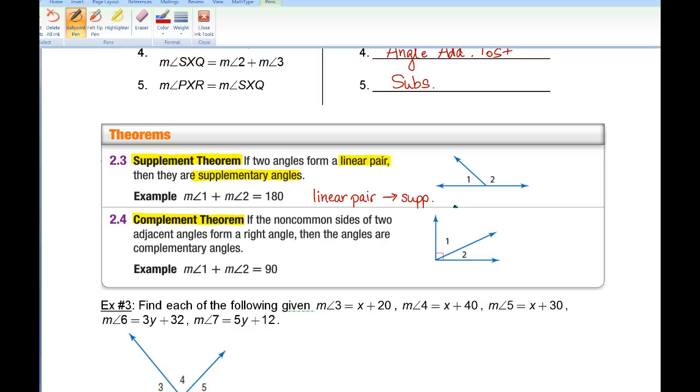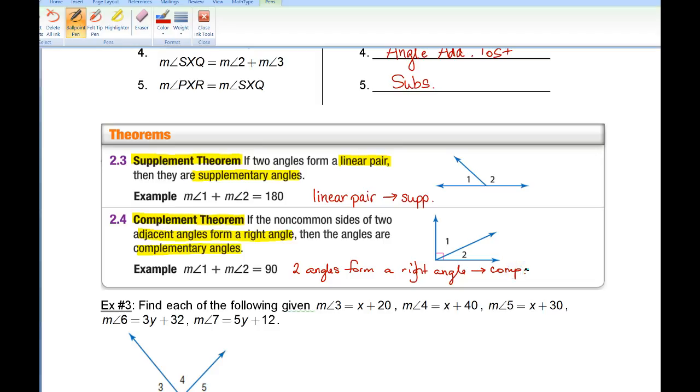What else? Well, we also know if we have adjacent angles that form a right angle, then they're complementary. So if 2 angles, this one's not as easy, form a right angle, this implies that they're complementary.